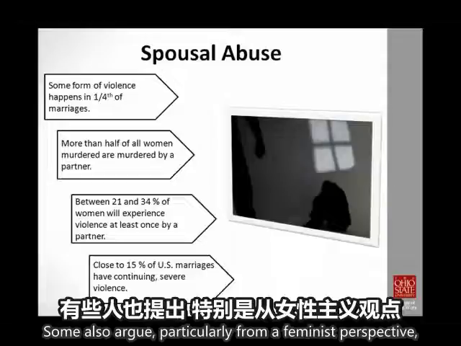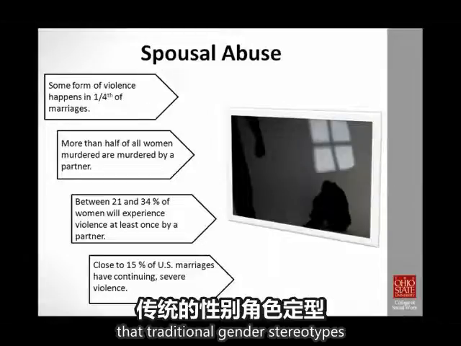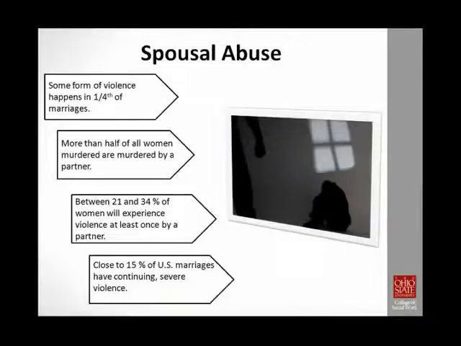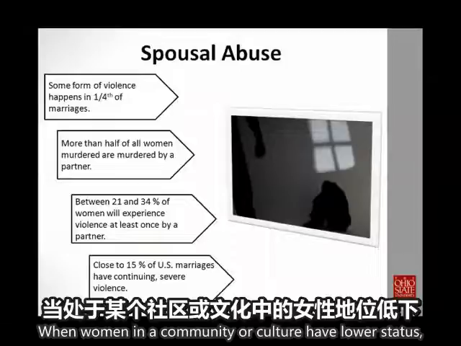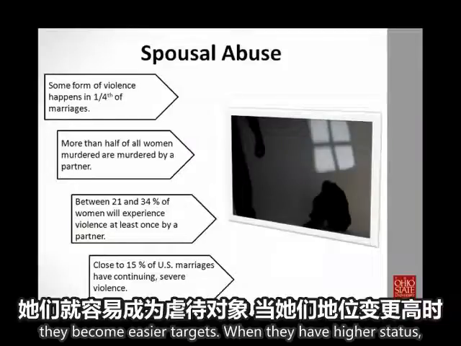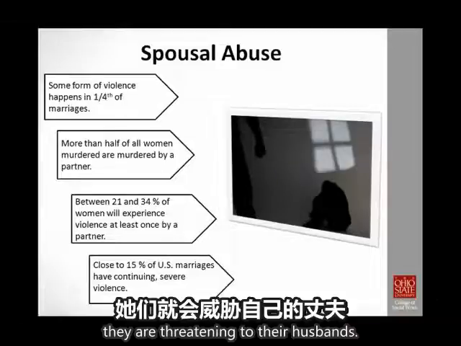Some also argue, particularly from a feminist perspective, that traditional gender stereotypes and roles of power structures lie at the root of abuse. When women in a community or culture have lower status than males, they become easier targets. When they have higher status, they are threatening to their husbands.